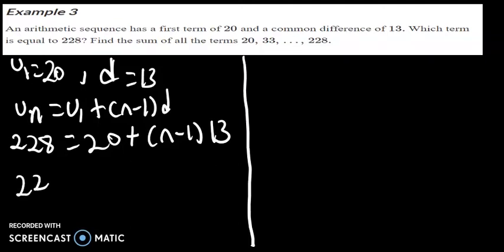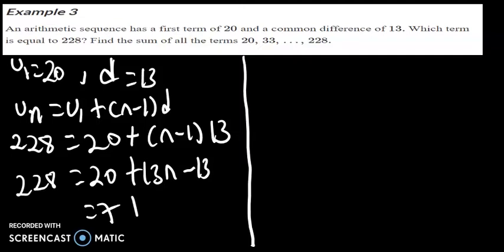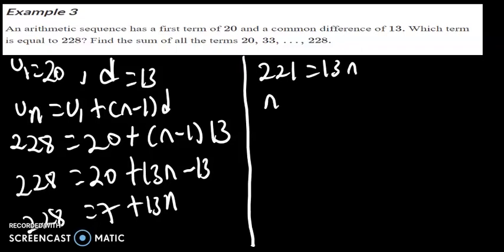So 228 equals 20 plus 13n minus 13, that is 7 plus 13n. So 221 is equal to 13n. So n becomes 221 divided by 13, which gives us 17.